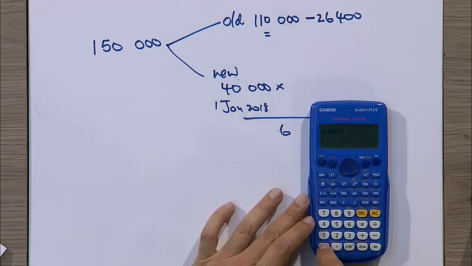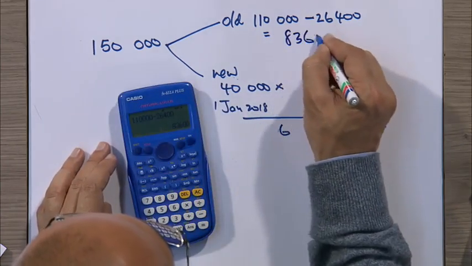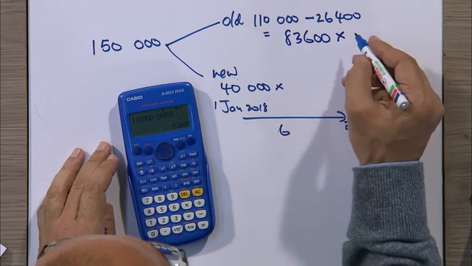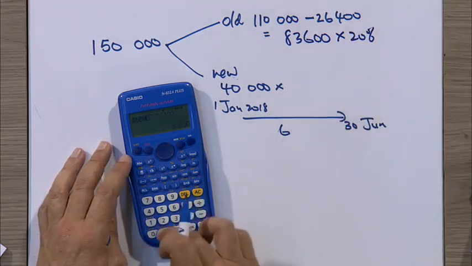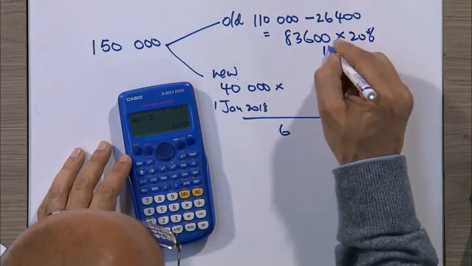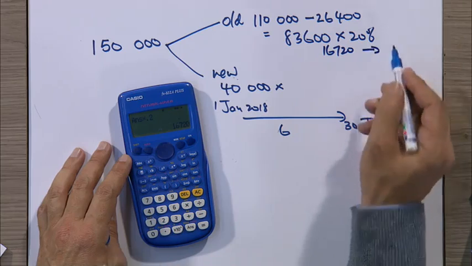So it's 110,000 minus 26,400. That gives me 83,600. Now I have to multiply that by 20%. Gives me 16,720. That's the depreciation on the old.